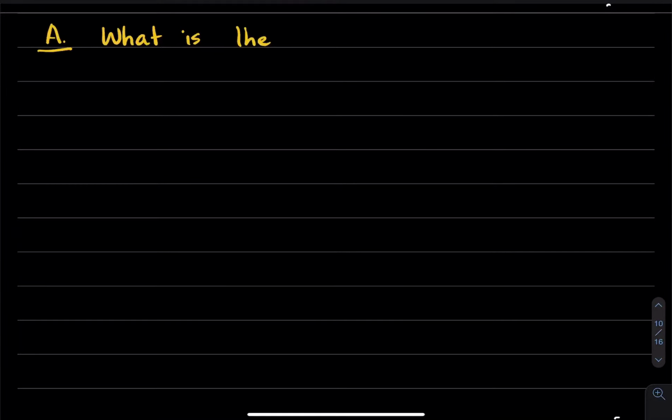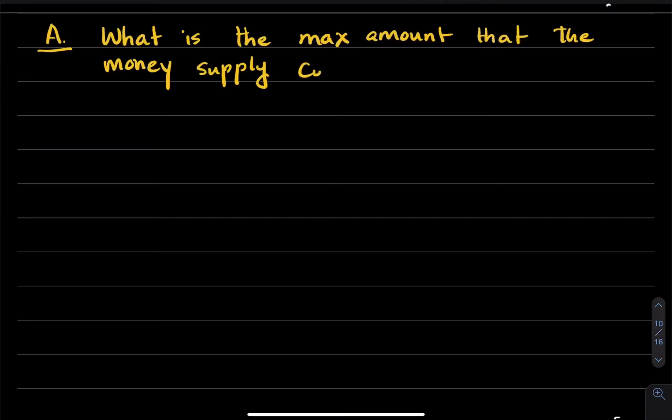Now, for part A, in which you're asked, what is the maximum amount that the money supply could increase?